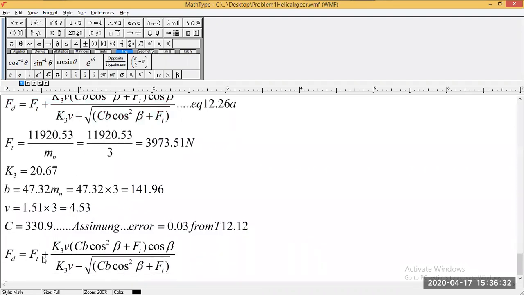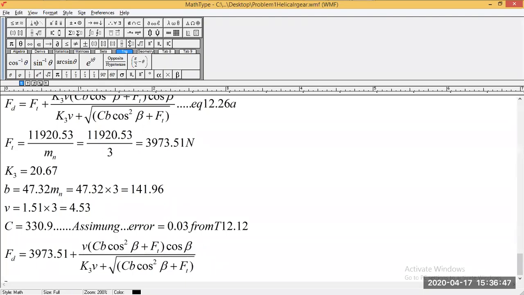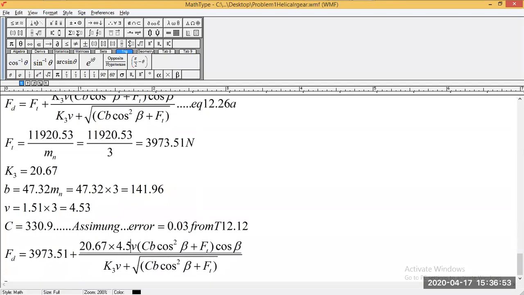So Ft is 3973.51 and Kv is 20.67 into velocity 4.53.